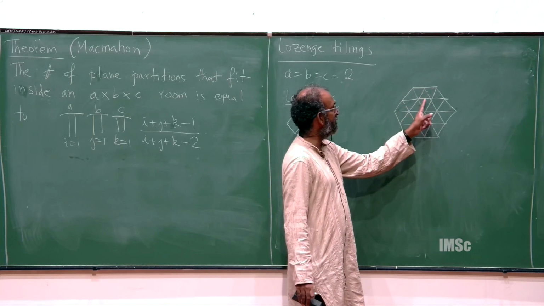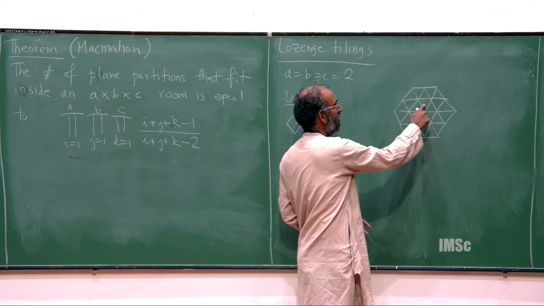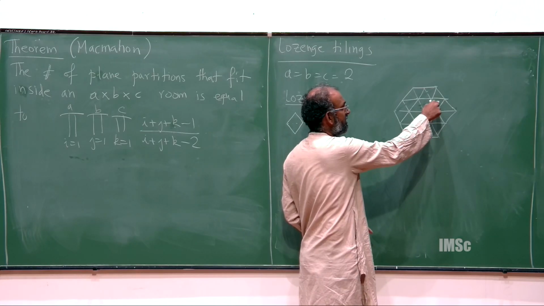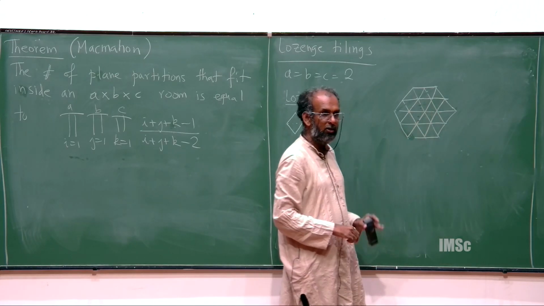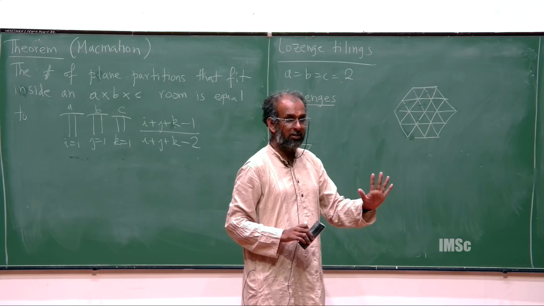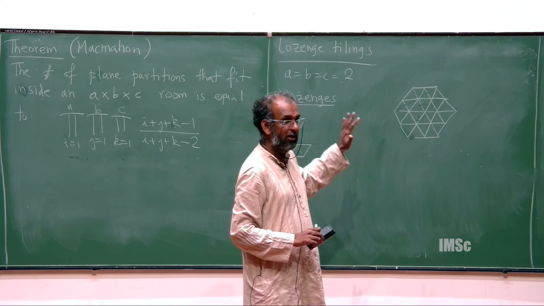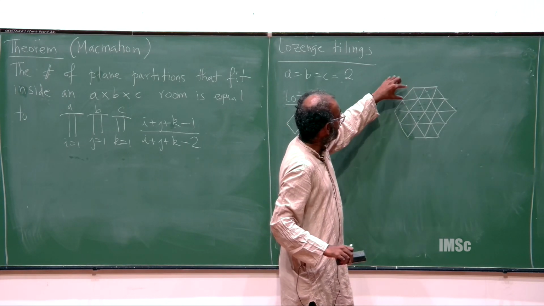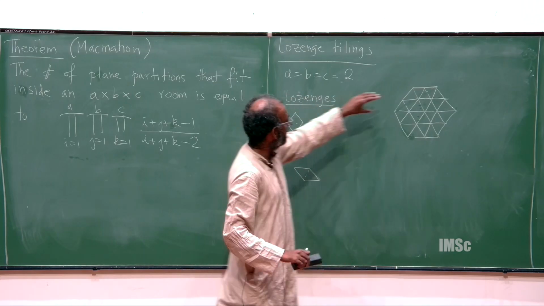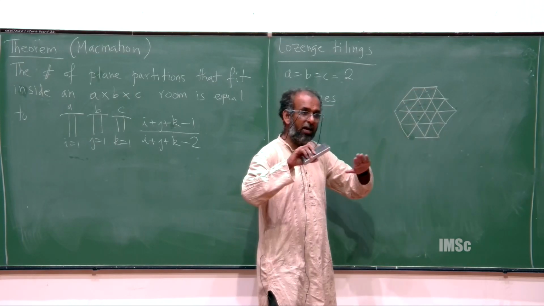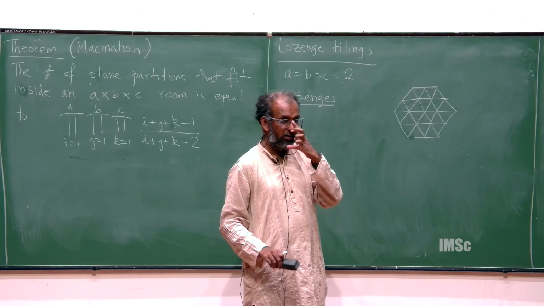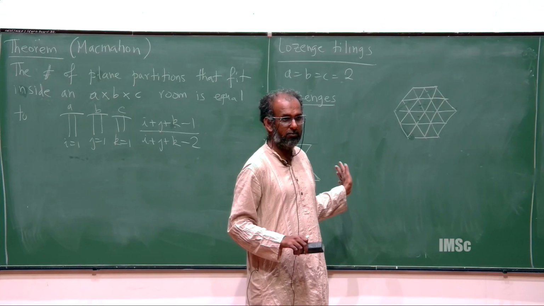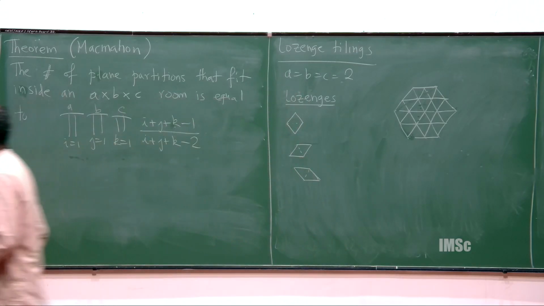So this cell is adjacent to the one above, the one on the left and the one on the right. And similarly the upward facing triangle is adjacent to this, this and that, right. So now the goal is to tile, meaning fit these lozenges into this so that every triangle is covered by exactly one lozenge and no triangles are left vacant.